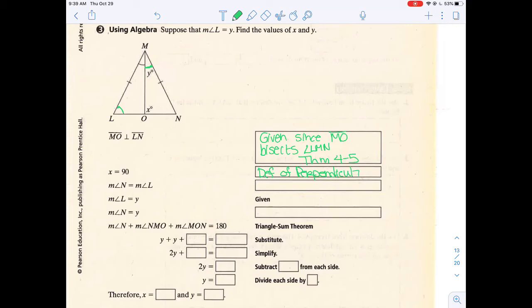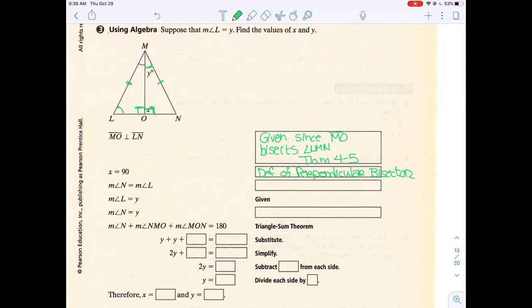Perpendicular means it makes a 90-degree angle, and X is one of those 90-degree angles. The other one's over here. The measure of angle N equals the measure of angle L because we've got these two congruent sides.